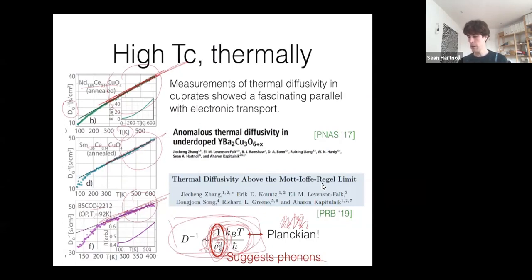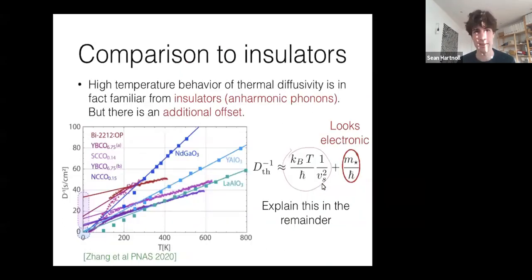Well, things vary by factors of 2, though. So honestly, at the level of precision that anything's being done, I don't think it's very easy. But let me try to convince you that it's phonons, because that's important for what I'm about to do.